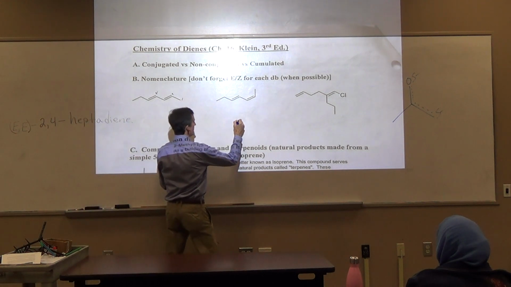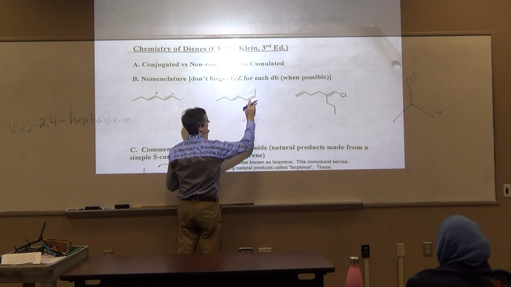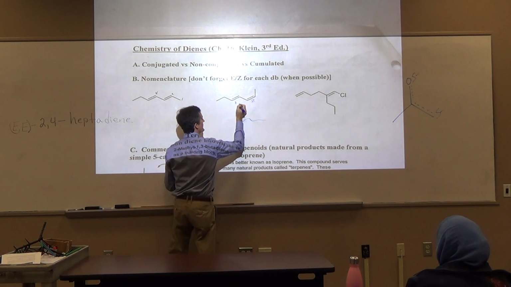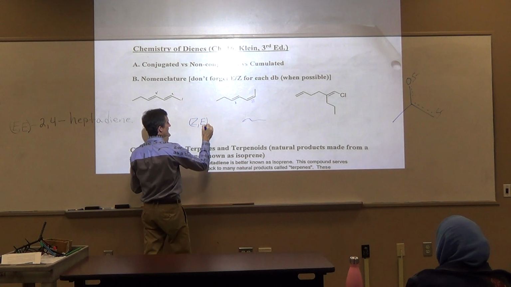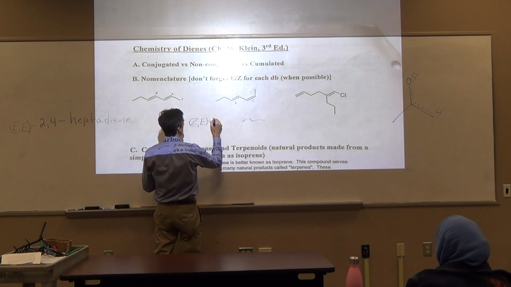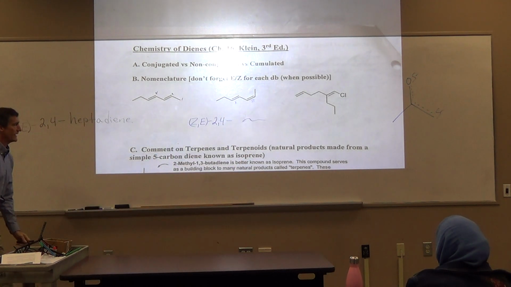Over here, this is the same name. What do you want to put in front of it? What is this one here? Z. That one's Z, and this one is E. Over here, you would say Z, comma E, dash 2,4-heptadiene.